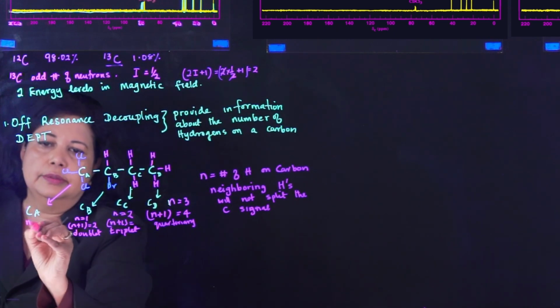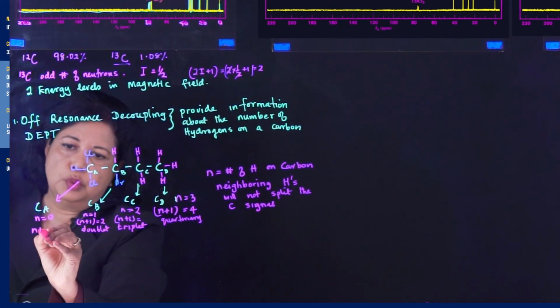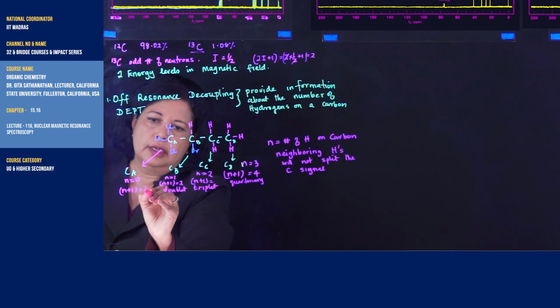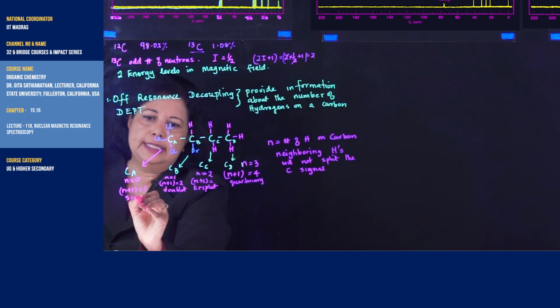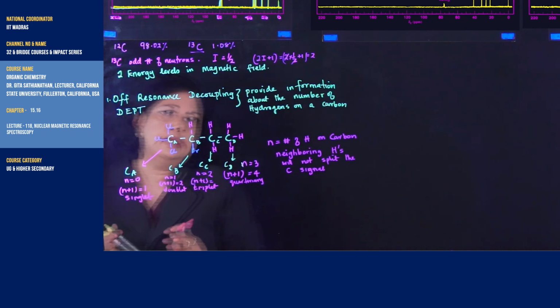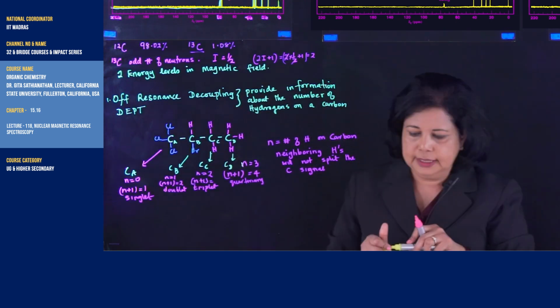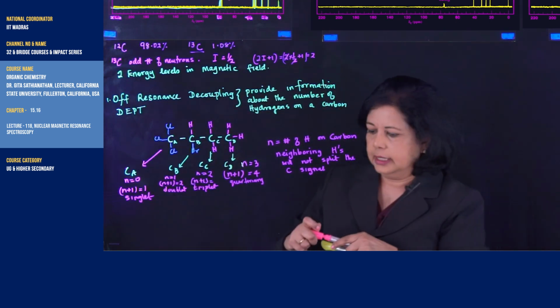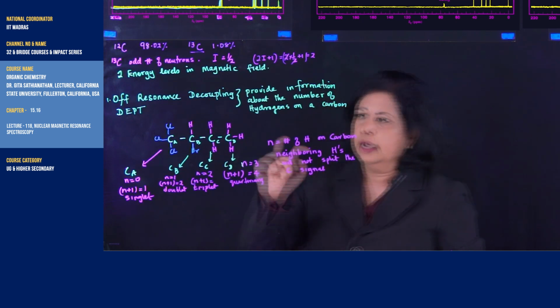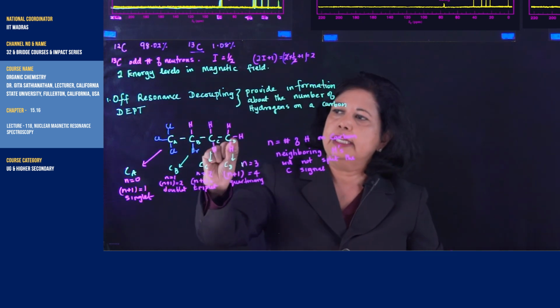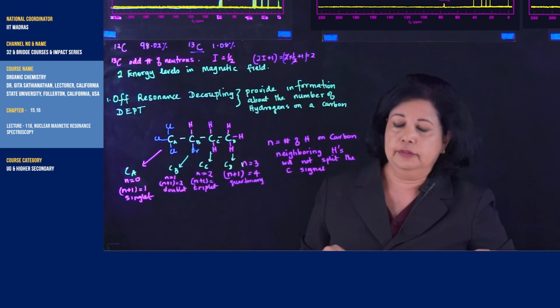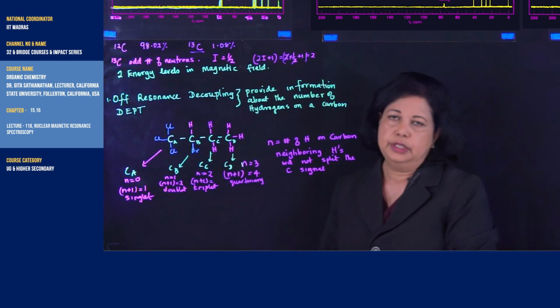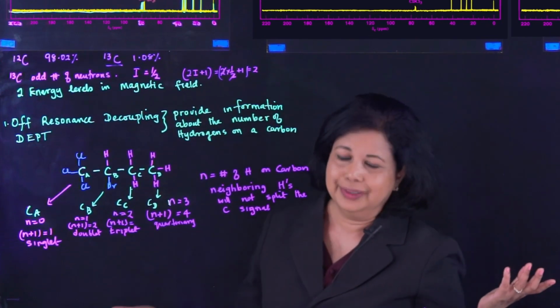N is 0. Therefore, N+1 is just 1, and it's going to be a singlet. So this is a very easy way of figuring out the number of hydrogens on each of those carbons. That's very valuable information. If you have that information, you may not even need a proton spectrum for this.